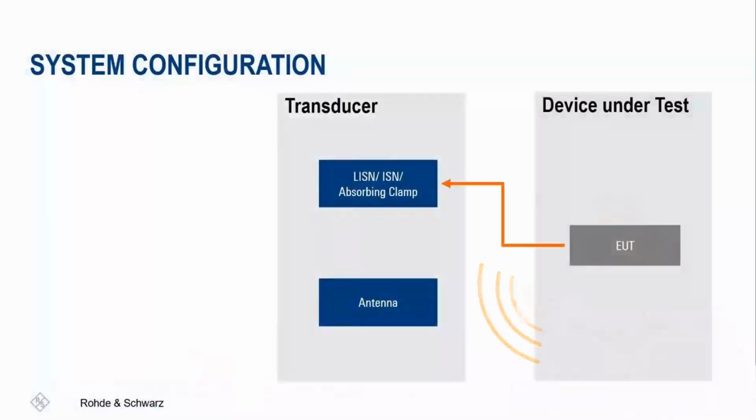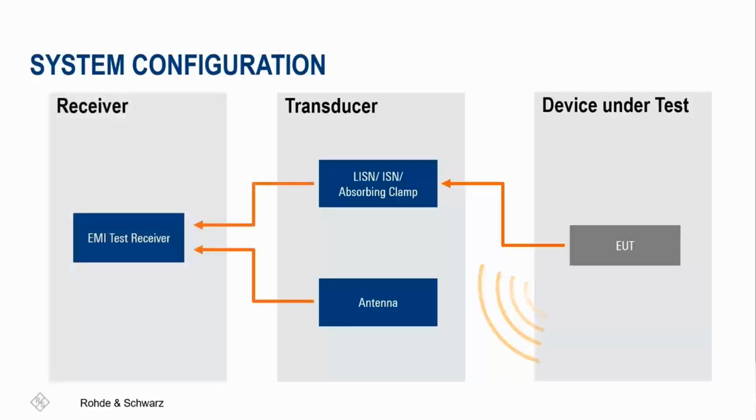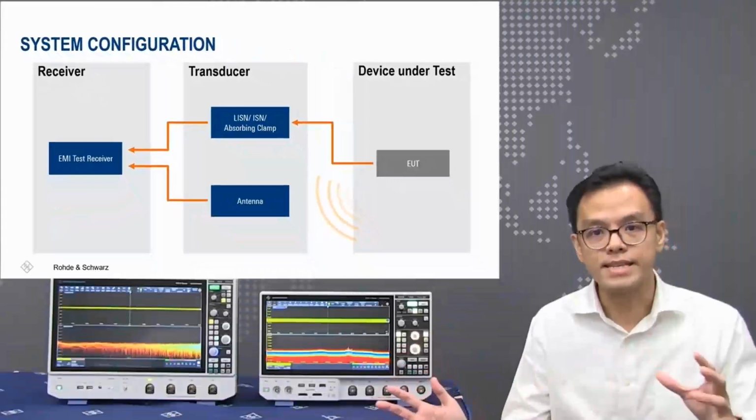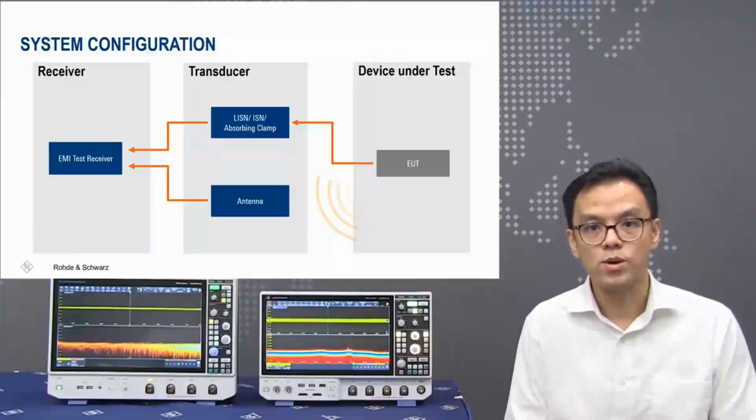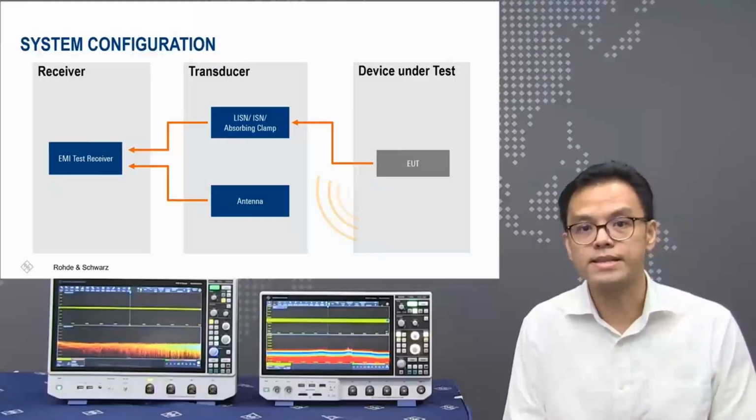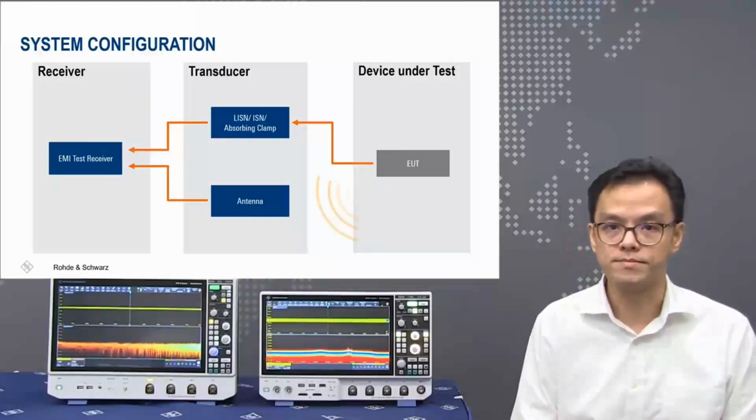Conducted emissions involve isolating the device using a line impedance stabilization network, LISN, to channel the noise to the EMI receiver. Radiated emissions use an antenna to capture the noise emitted by the device under test, which is then fed to an EMI receiver for measurement.